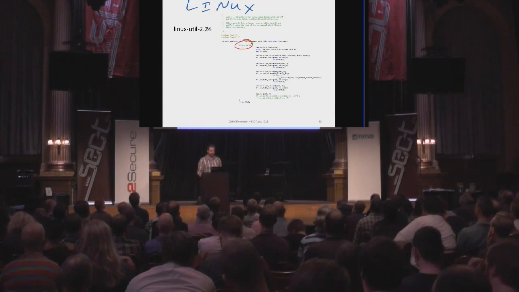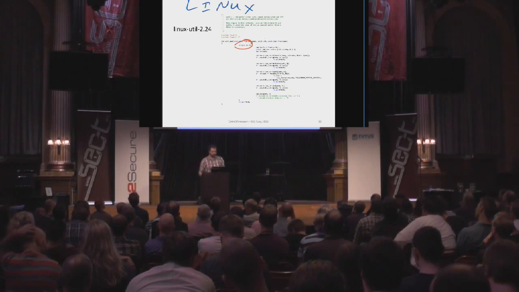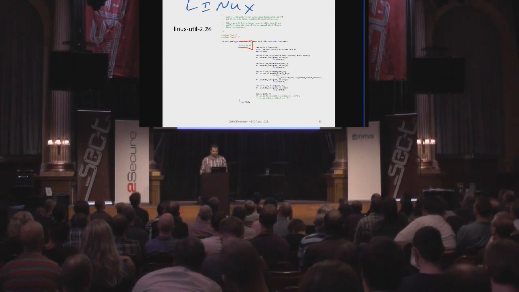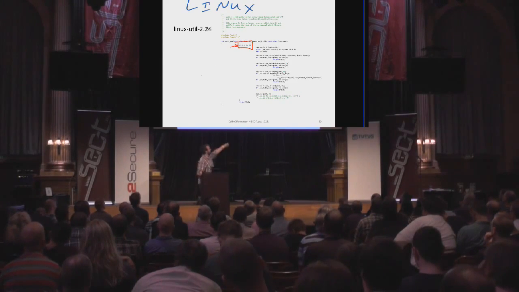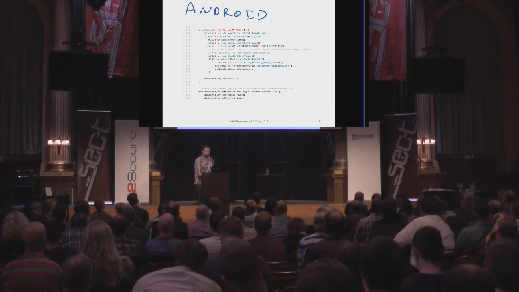So it says, if the user ID is not equal to 0, do these checks. Otherwise, return true. So if you could cause it to execute this check incorrectly, you wouldn't even have to break any of the password store or the crypto on the device. You might just be able to get the authorization you need right away.